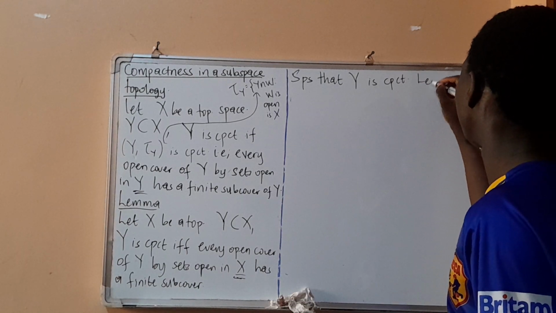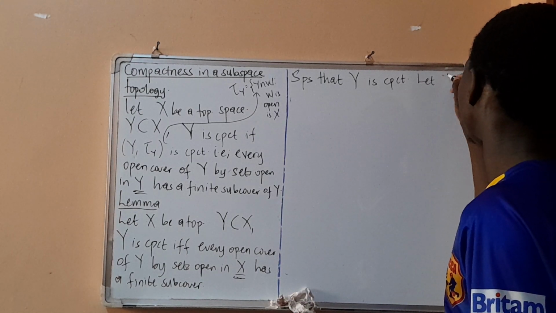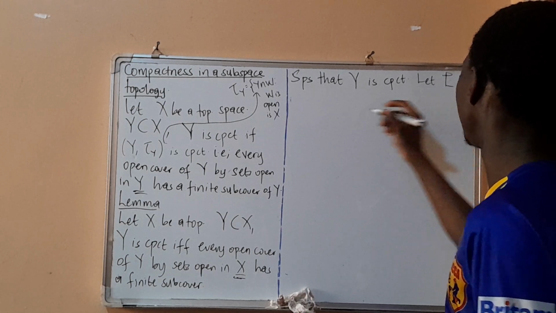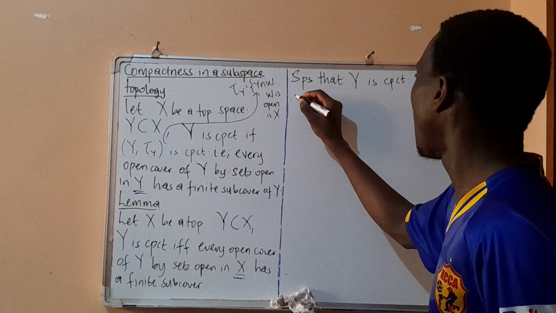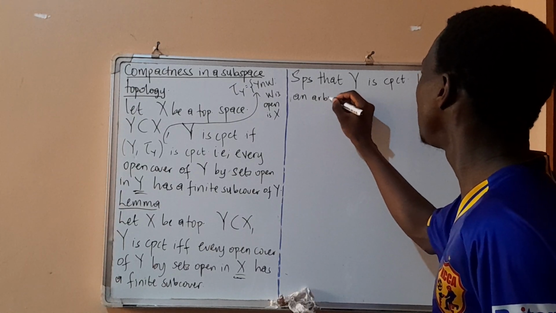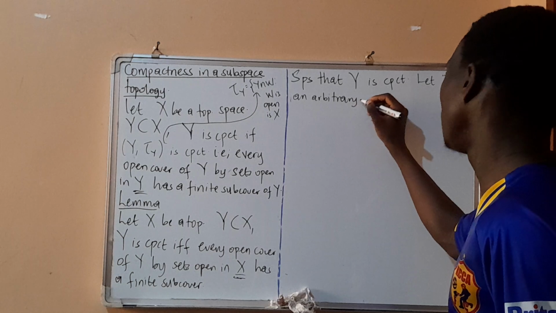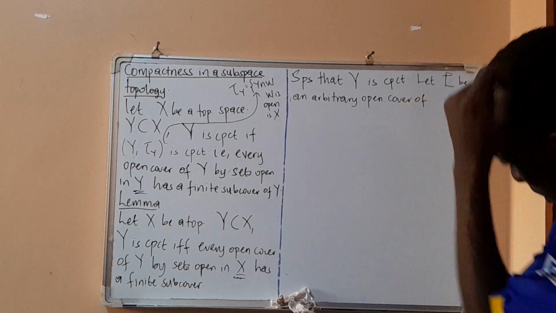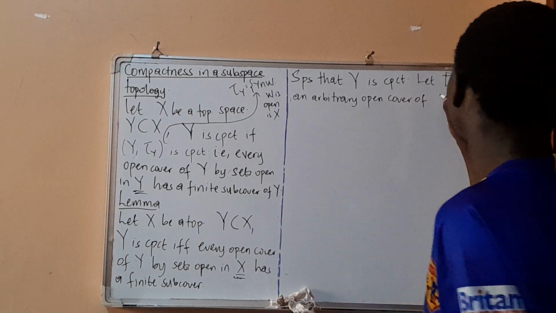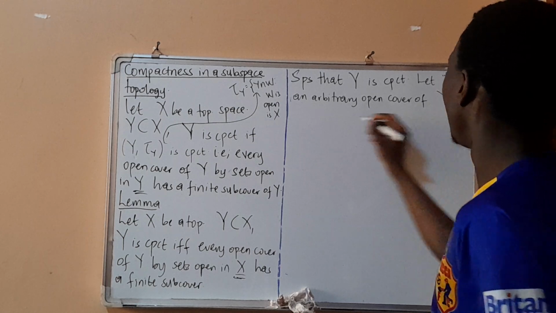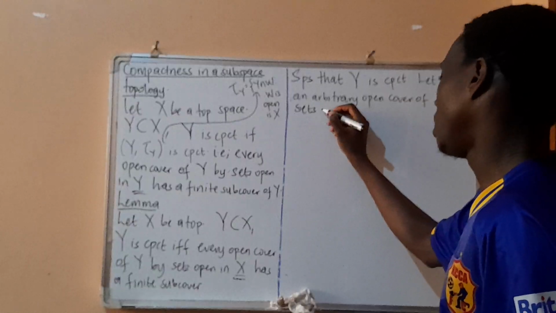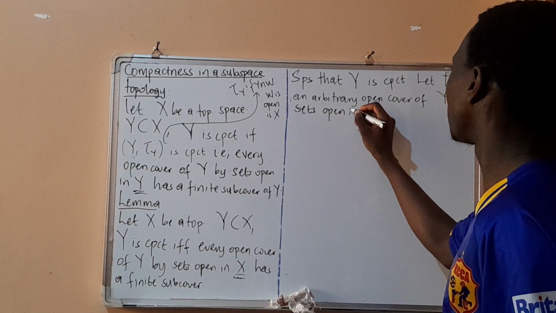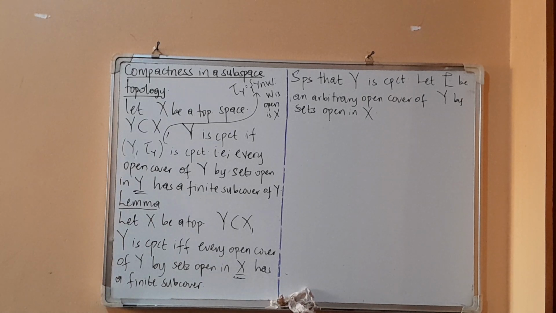So let this be an arbitrary open cover of Y by sets open in X. Now we want to show that it has a finite subcover.